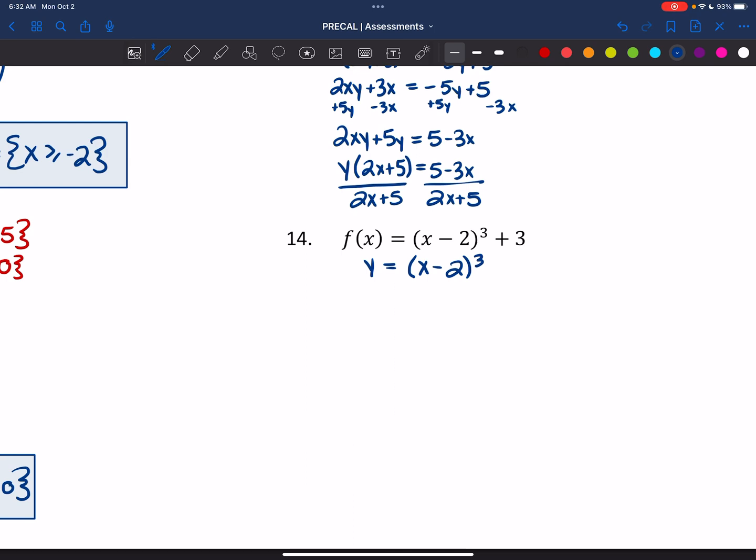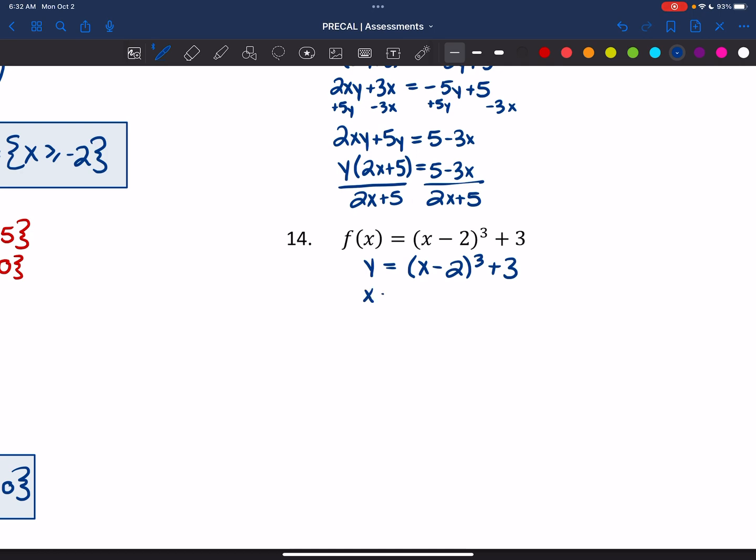And you can check that by looking in your notes where we discussed in Unit 1 our function families. And the cubic function had domain of all real numbers, range of all real numbers. And its inverse, which is going to be a cube root function, you'll see in just a moment, has domain and range of all real numbers as well.